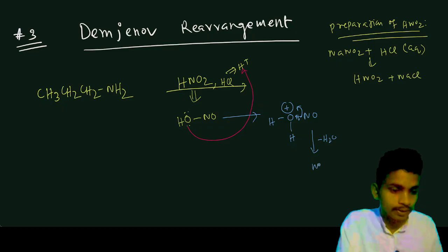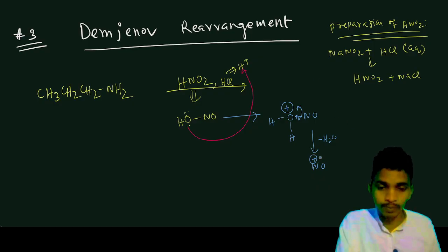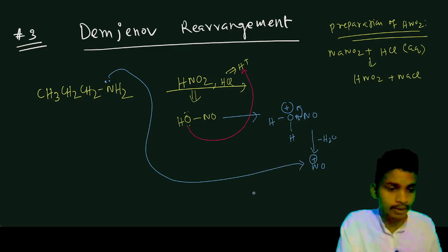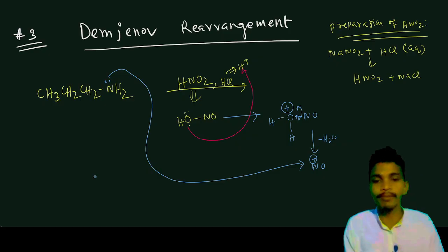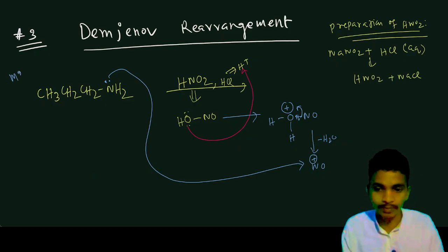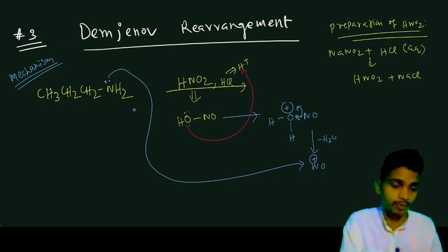Then we have NO plus, because it takes the electrons and leaves as water. Now the lone pair of electrons on the amine attacks this NO. This is the mechanism of how the Demjanov rearrangement happens.